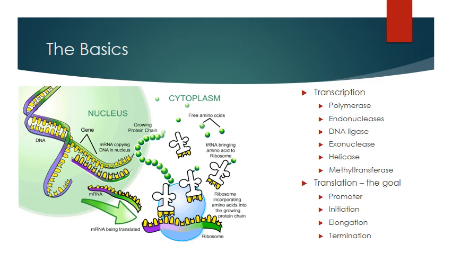And the DNA in the chromosomal molecule is normally very highly coiled, which means that it's normally inaccessible to all of those enzymes that are needed for the process of transcription. Remember what transcription is: the production of an RNA sequence off of a DNA template. Some of the enzymes that are required in order to do that are polymerase, some endonucleases, DNA ligase, exonuclease, helicase, and methyltransferase.